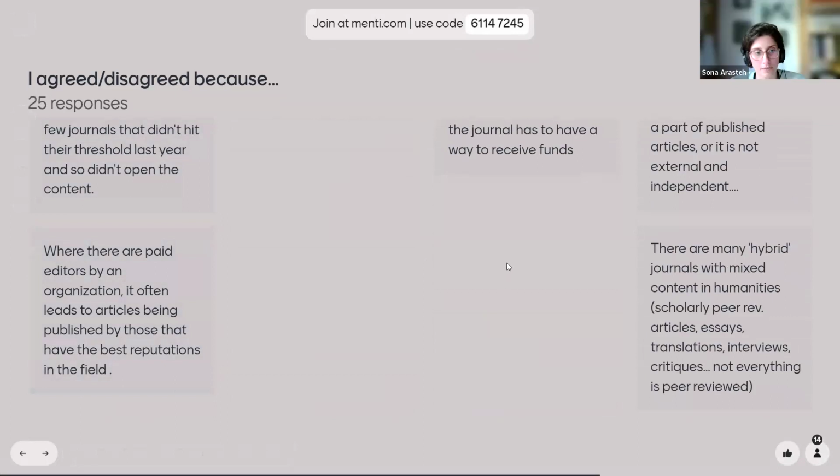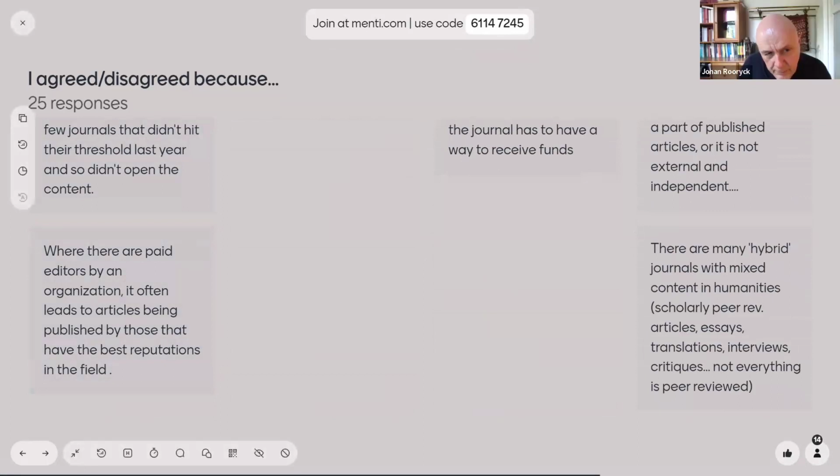And similarly, this was posted in the chat and not in the Mentimeter, or at least I haven't found it in the Mentimeter yet: the term independence needs clearer definition. So I'm not sure what that means, a clear definition. I'm not sure what more I can say in addition to the slide that I showed.